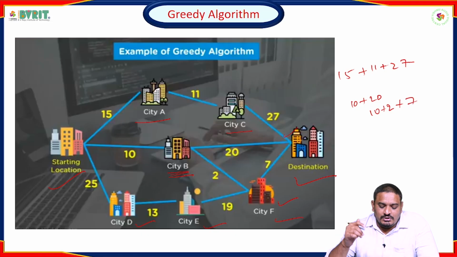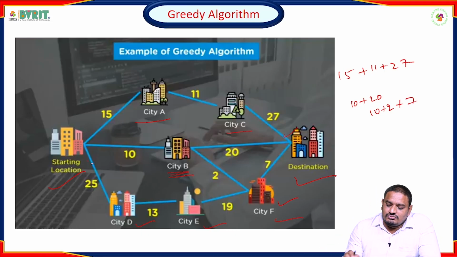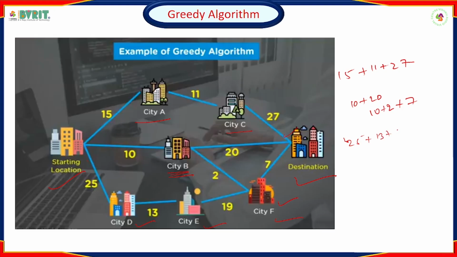The final route is source to destination through cities D, E, F, that is 25 plus 13 plus 19 plus 17. In this way, we have to find the least distance from the source to the destination. That is one example of the greedy technique.